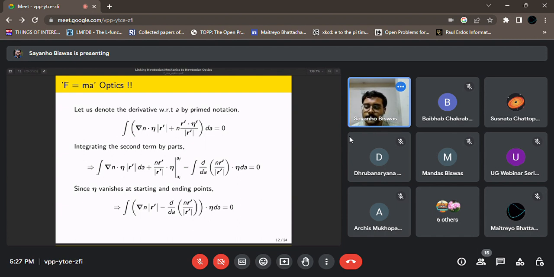So if eta is arbitrary and if the integral of some vector dot an arbitrary vector is zero, then what does that mean? Let me remind you about a famous theorem in calculus. Integral f(x) g(x) dx is equal to 0. If I say g(x) is arbitrary, then can I say that f(x) must be 0 at all points in the domain in which the integral is being conducted? Both are real single valued functions.